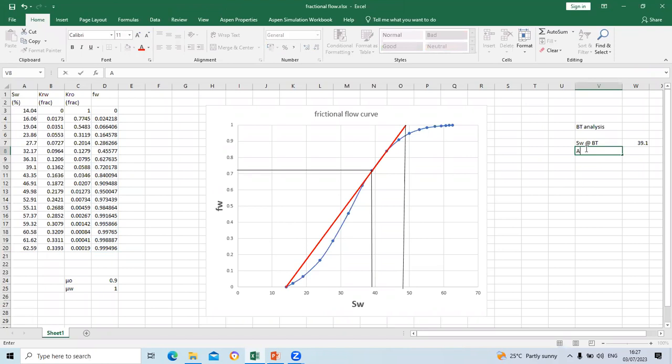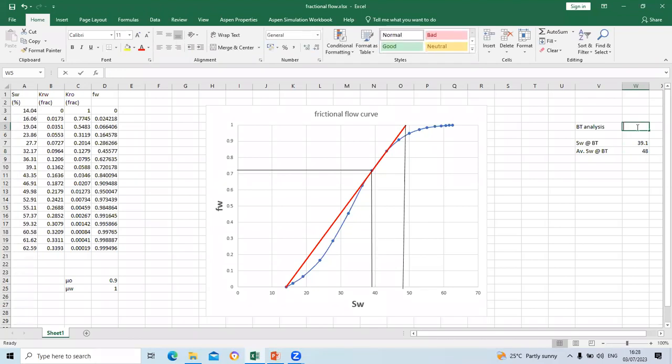So we'll just say average Sw at breakthrough. We can estimate this value to be, if this is 40, this is 50, around 48. So let's just estimate it about 48. That is the average water saturation.